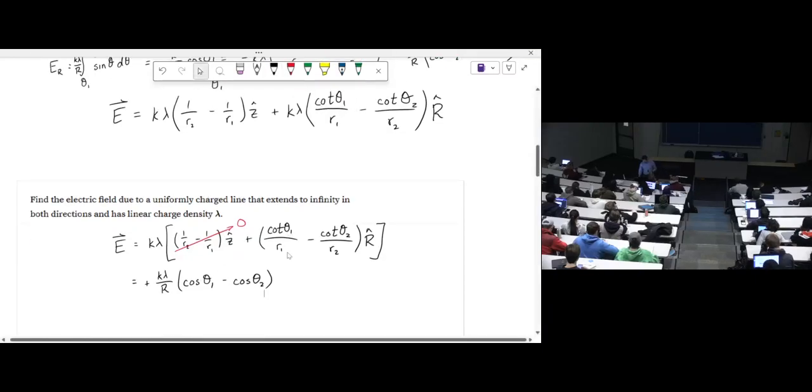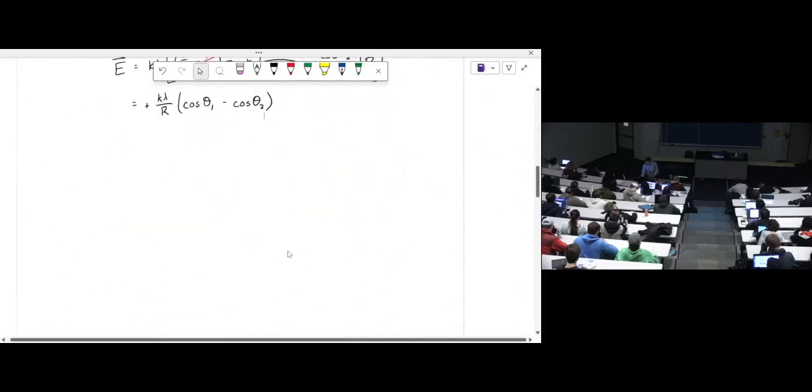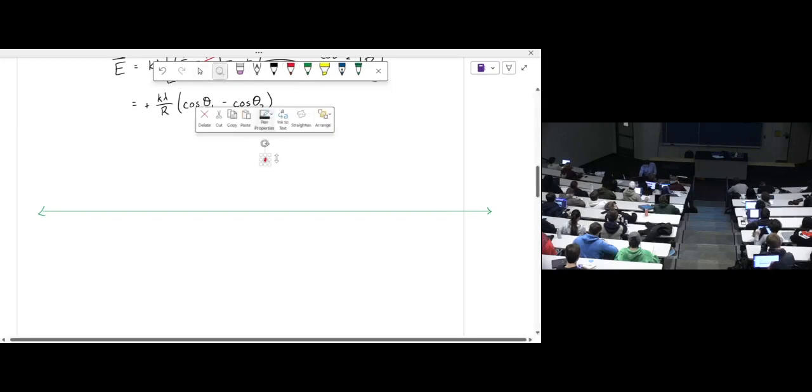Because again, we said, which one's 1 and which one's 2 by how we did this. If my line is something like this, this is my infinite line of charge here, and this is my point P. Let's actually draw it a little bit closer so it's easier to see here.